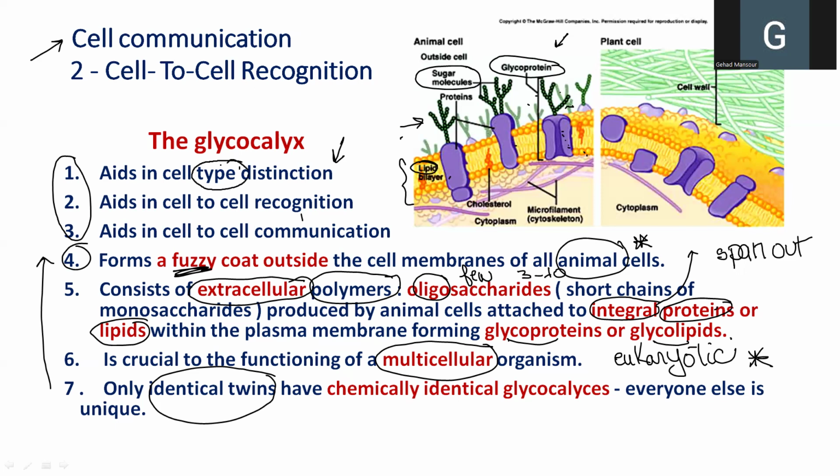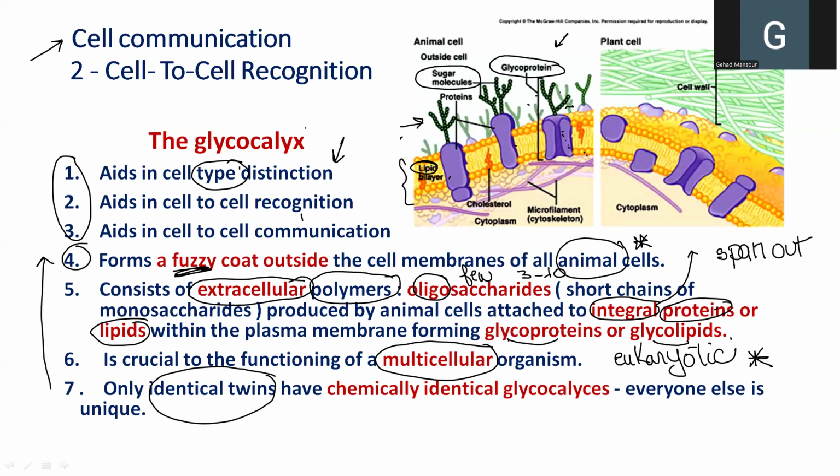Although you have a basic protein structure for every human being that is different from all other human beings, yet every cell in this particular human being will have a different glycocalyx.